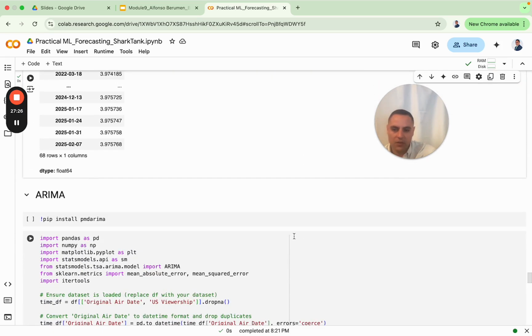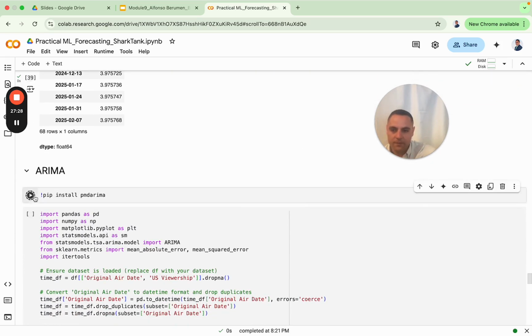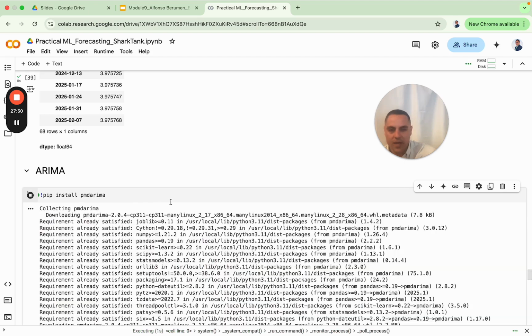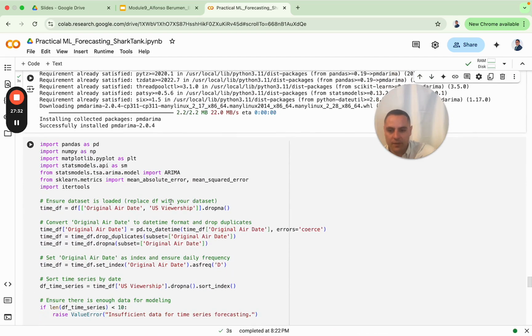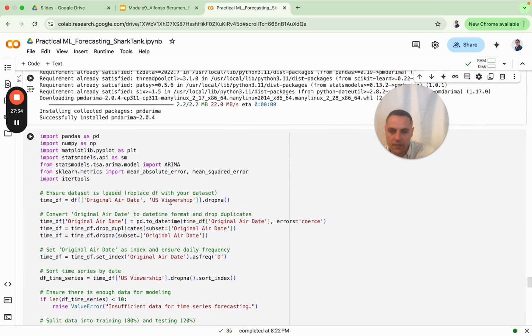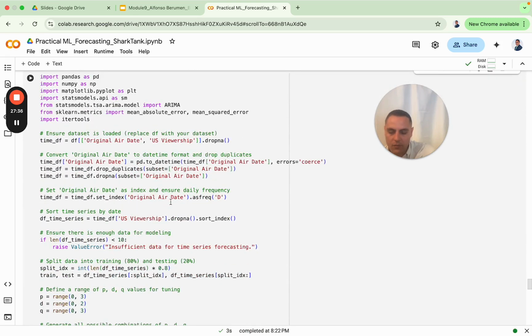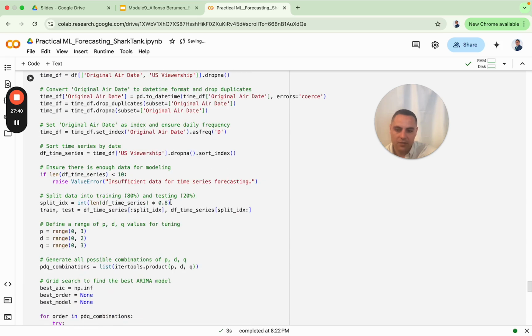But maybe we also try ARIMA. You need to install an additional package here. So we're going to try ARIMA. What we'll similarly do is split the data into training and test sets, and then evaluate the accuracy.